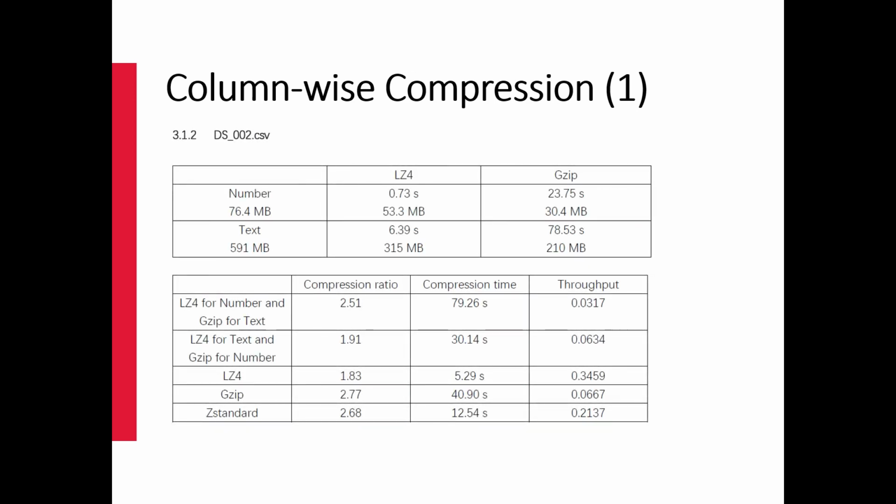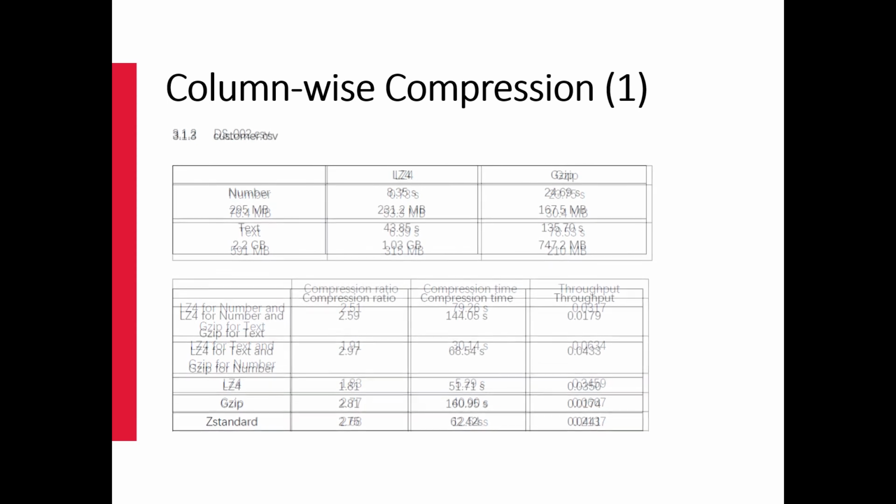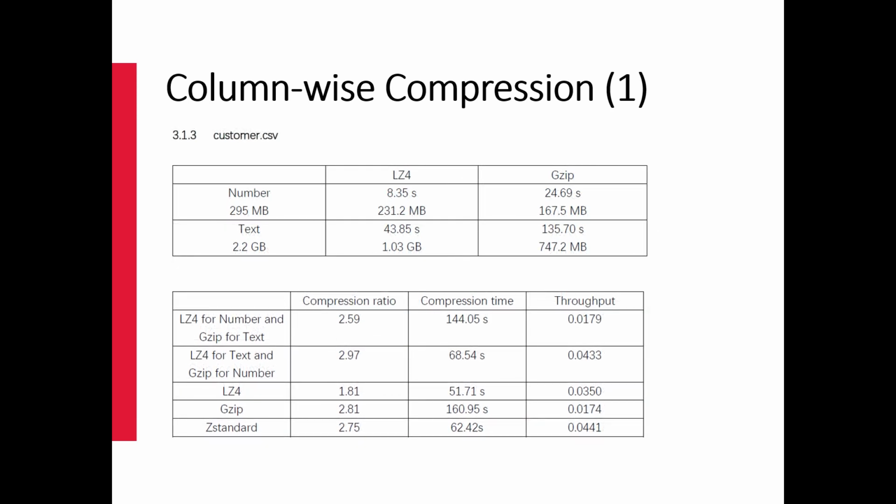For a bigger file, if we use LZ4 for the text part and gzip for the number part, the performance is almost the same as gzip as well. For a much bigger file, if we use LZ4 for text and gzip for number, the performance is almost the same as the best performance of all three compression algorithms.